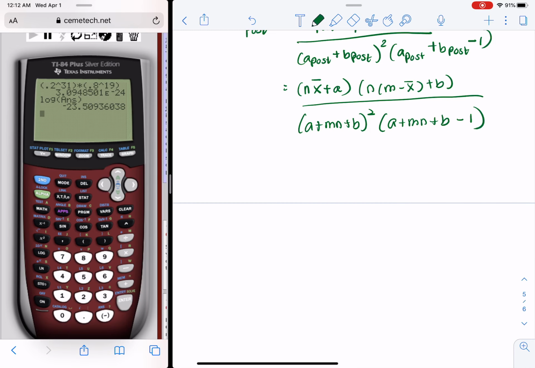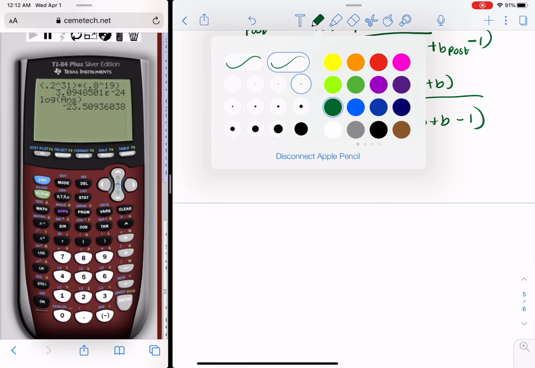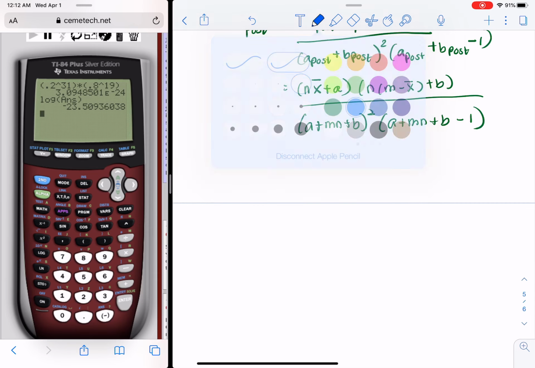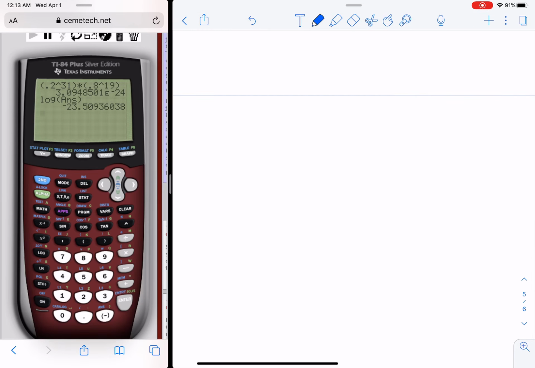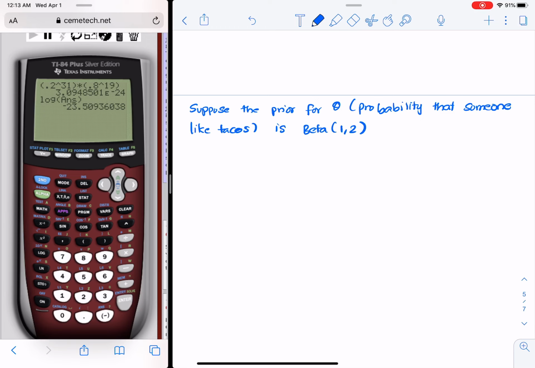So let's go back to the previous problem that we were looking at. Suppose the prior for theta, which is the probability that someone likes tacos, is beta 1, 2.